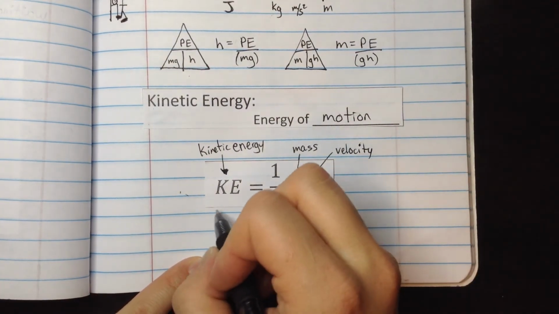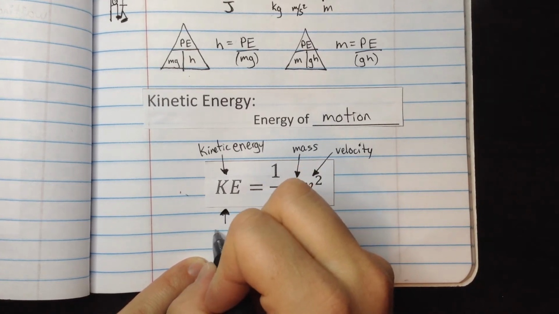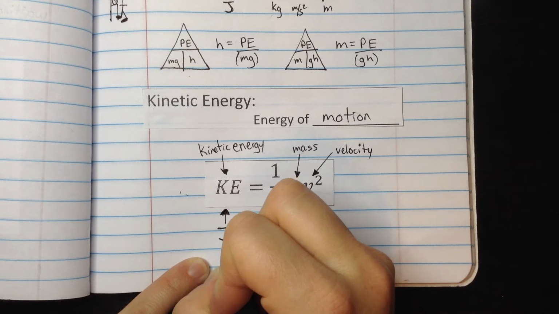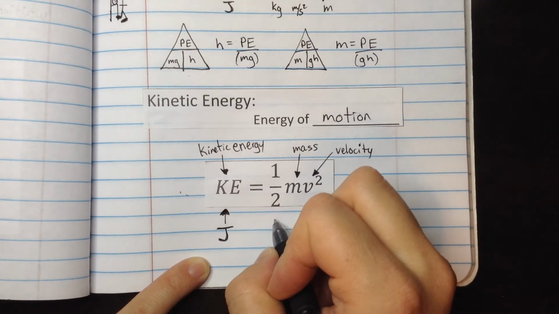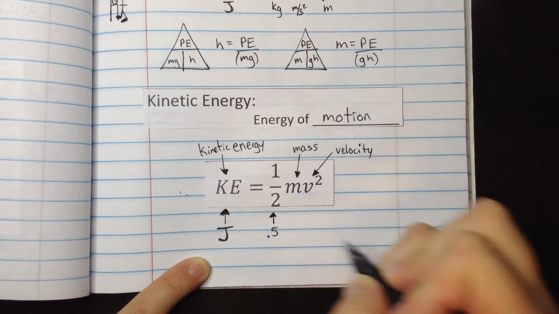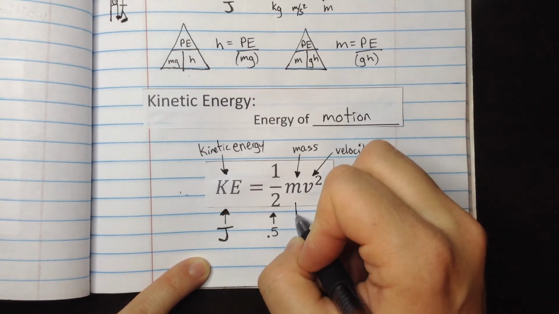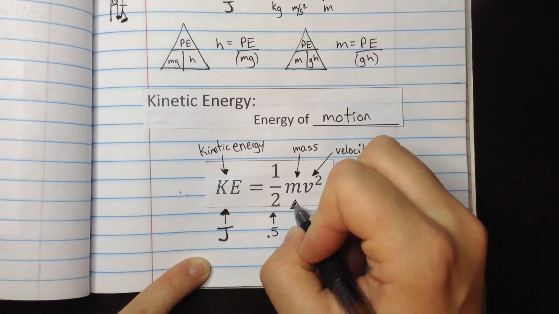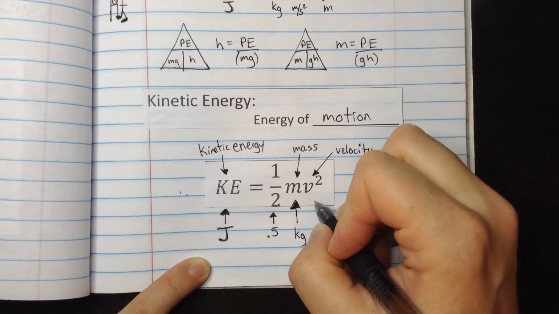All right, so kinetic energy, energy measured in joules. The 1/2, when you go to put that in the calculator, here's a helpful little hint. Just put in 0.5. It's a lot easier. Mass is going to be measured in kilograms.